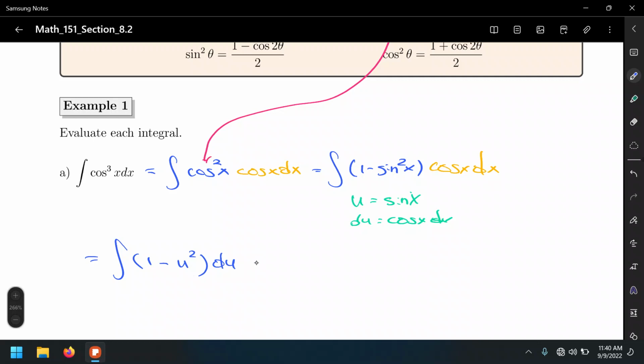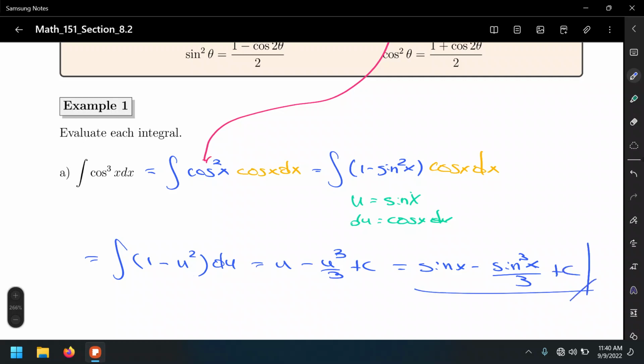We only need to integrate this polynomial using the general power rule for each term. The integral of 1 is u, the integral of u squared is u cubed over 3, plus c, and simply back substitute for u, which gives sine x minus sine cubed x over 3, plus c. So what did we do essentially?